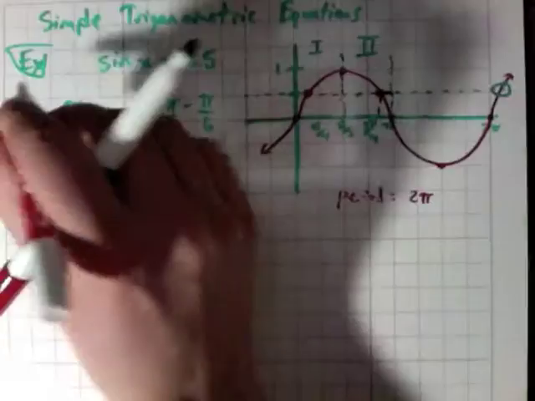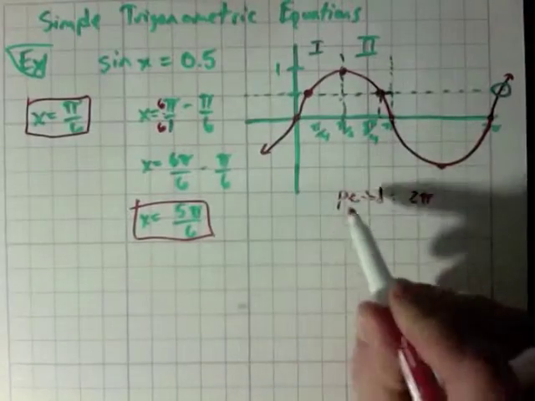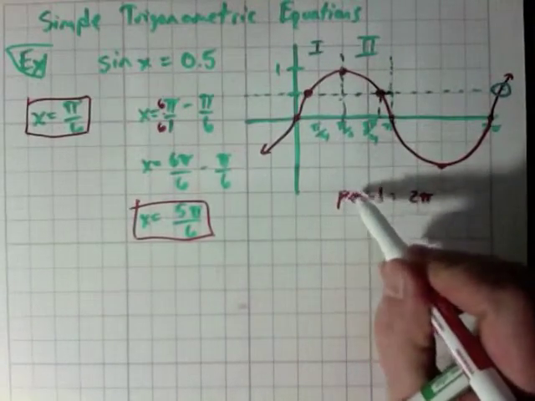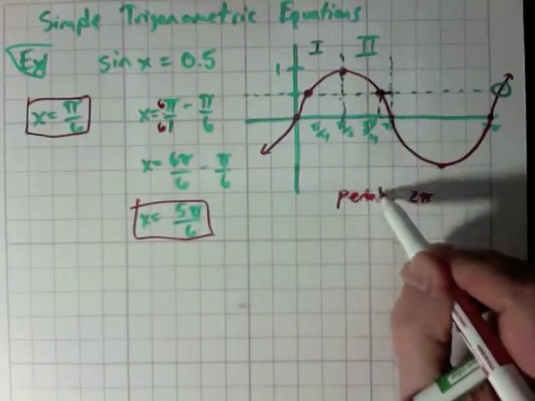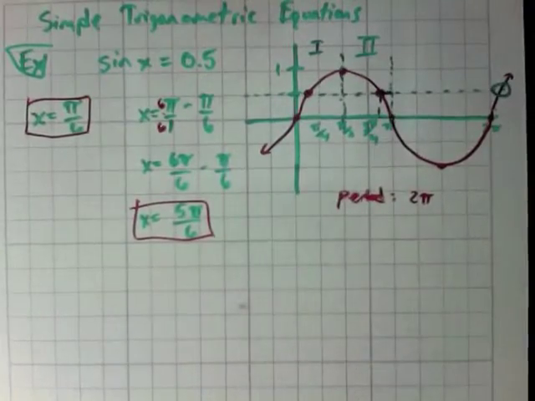So these are my two significant solutions, the ones that occur within the period from 0 to 2 pi, that one full cycle.